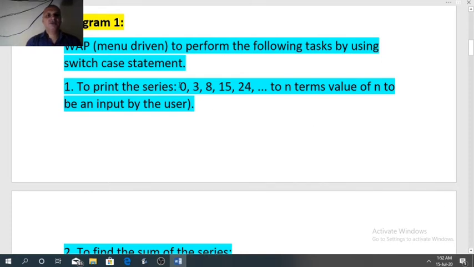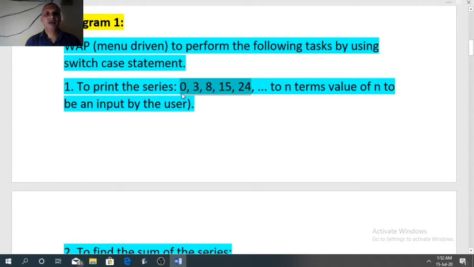So first we need to understand what is the relationship between the terms of the series with the value of i, which controls the loop. When i is 1 we are getting 0, when i is 2 we are getting 3, when i is 3 we are getting 8. Similarly when i is 5 we are getting 24. So what is the relationship between the value of i and the terms of the series?